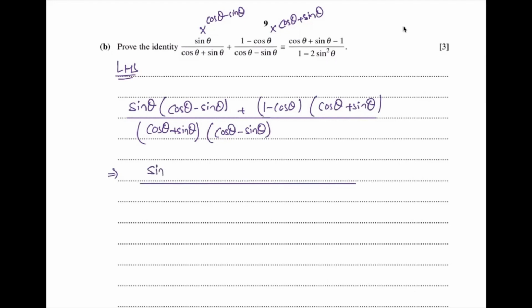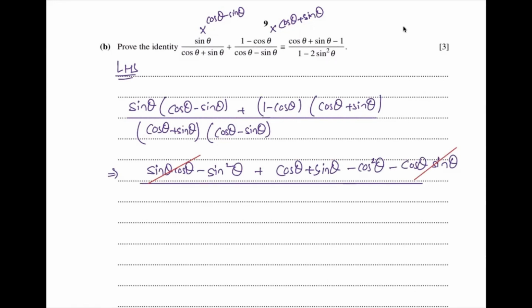Sine theta cos theta minus sine square theta plus 1 times cos theta plus sine theta is cos theta plus sine theta, minus cos theta times the bracket is going to be minus cos square theta minus cos theta sine theta. So sine theta cos theta and minus cos theta sine theta can be eliminated.